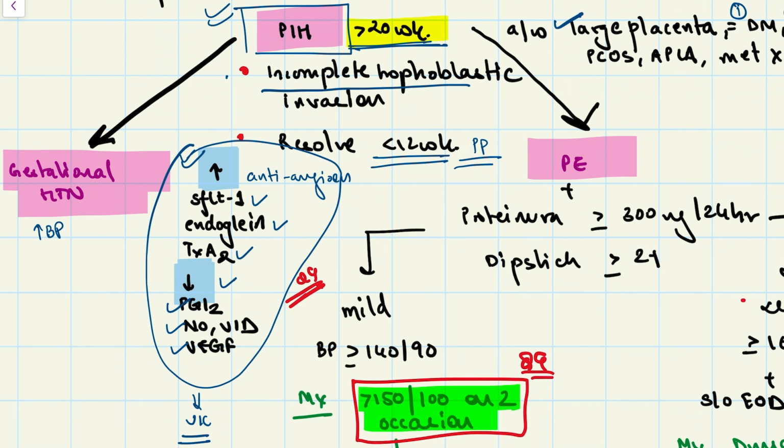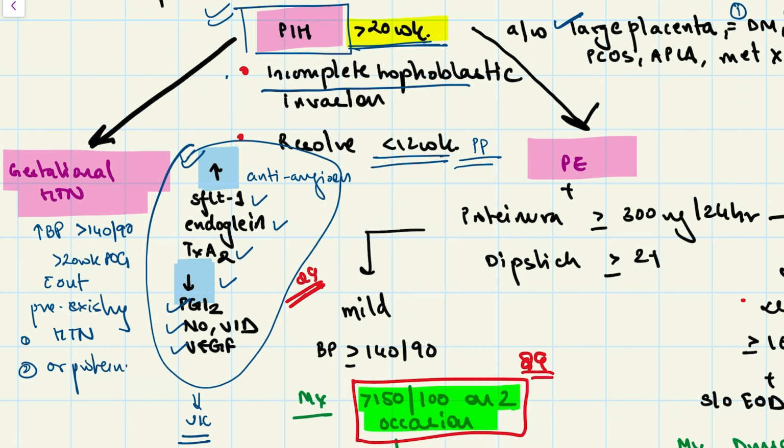more than 140/90 after 20 weeks period of gestation without pre-existing hypertension, and proteinuria is absent, or end organ damage is absent, then it is known as gestational hypertension.